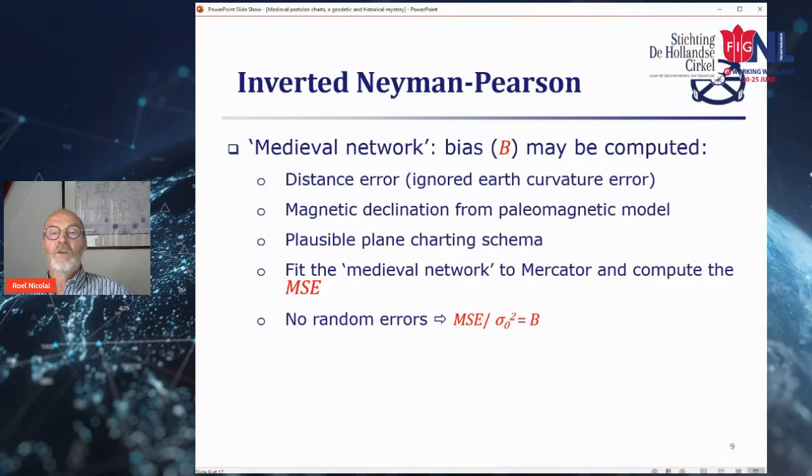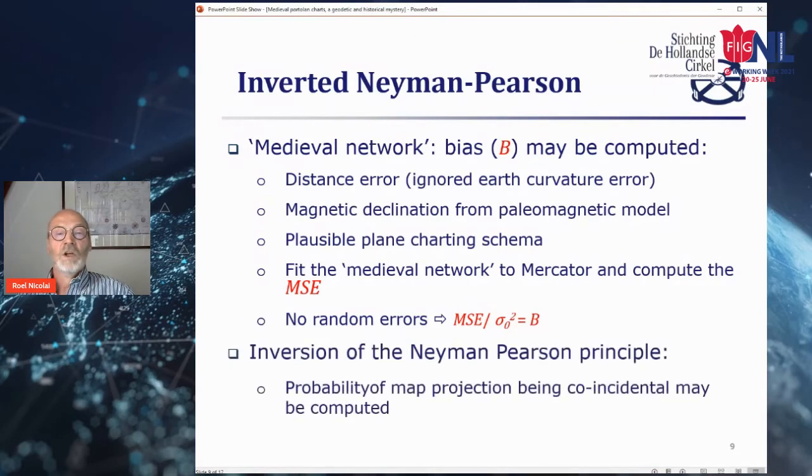Does it stand out sufficiently to be statistically significant, or does it hide inside the 11.3 accuracy band of the real Portolan chart? Knowing the magnitude of the bias B allows us to invert the Neyman and Pearson principle and compute the area of the red shaded overlap from the previous slide. That is the probability that the map projection is an artifact, a coincidental feature.